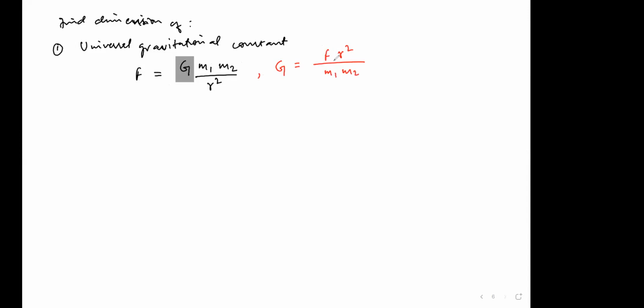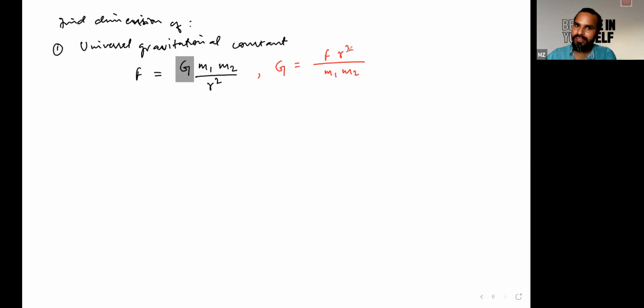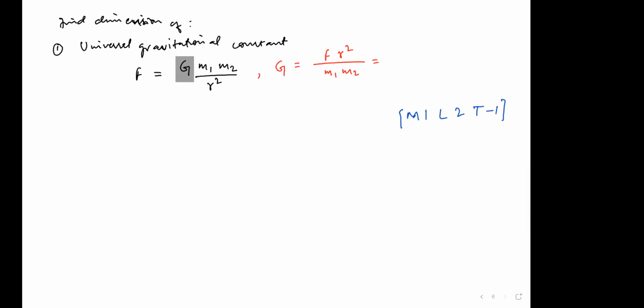Now we have the dimension formula for force, the dimension formula for radius, and mass as well. Put them all in and try to simplify to get the dimension formula of capital G. Try to solve, everyone, and give your answer in the chat box like this: M1 L2 T minus 1, this way. Okay. Is it clear, Abdurrahman? Yes, sir. Okay. Try to solve.